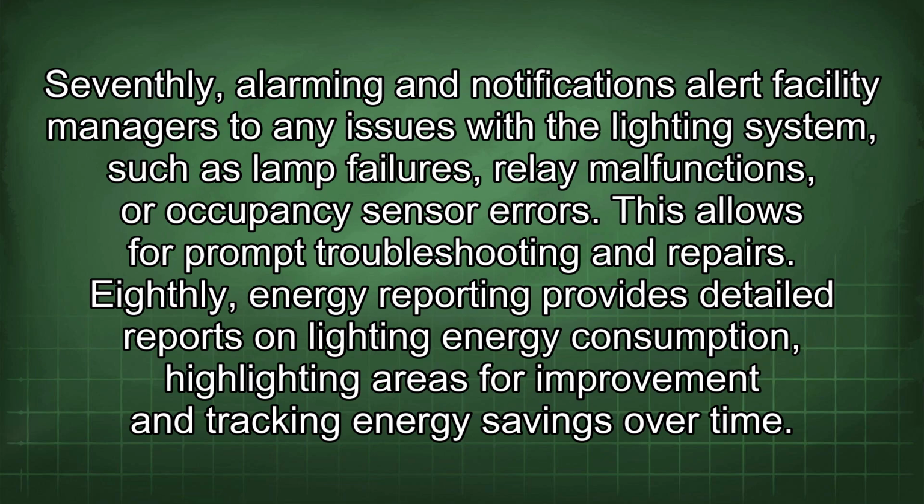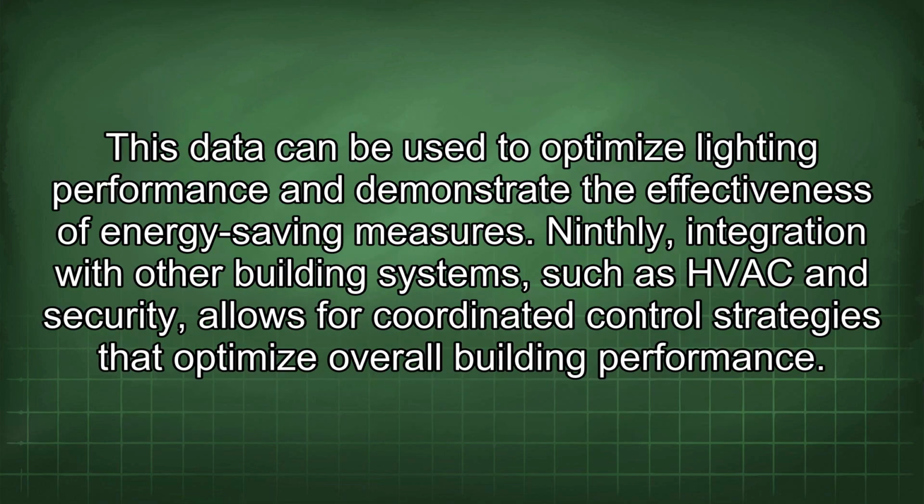This allows for prompt troubleshooting and repairs. Eighthly, energy reporting provides detailed reports on lighting energy consumption, highlighting areas for improvement and tracking energy savings over time. This data can be used to optimize lighting performance and demonstrate the effectiveness of energy-saving measures.